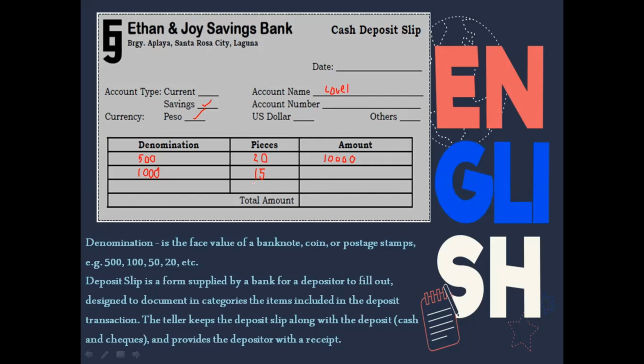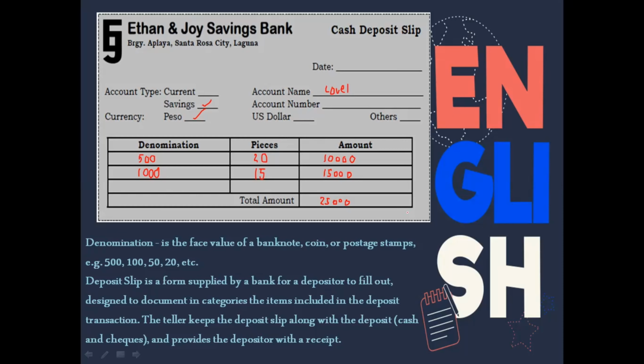And then 1,000 pesos times 15 is 15,000. So you have to write this. And then you write the total amount, which is 25,000 pesos. See? For example, my handwriting is very good. Okay, so this is how you fill up your deposit slip.